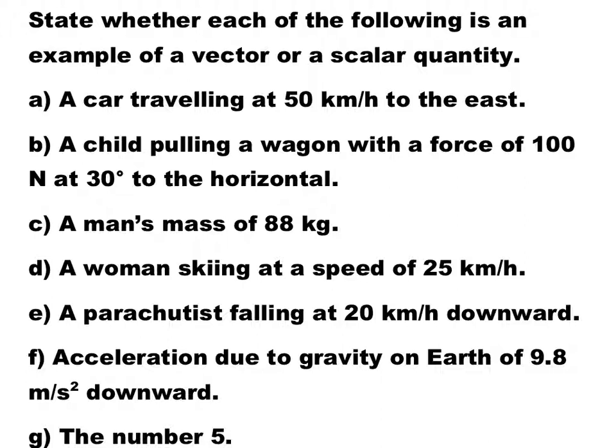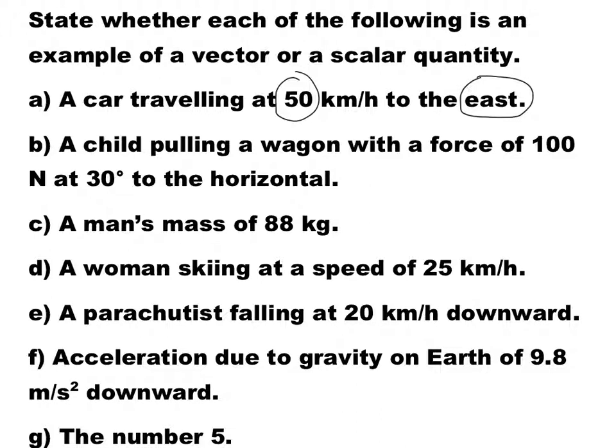As the first example, we are supposed to state whether each of the following statements is an example of a vector or scalar quantity. The first question is a car traveling at 50 kilometers to the east. It is obvious that we do have the magnitude, 50 kilometers, and also the direction.